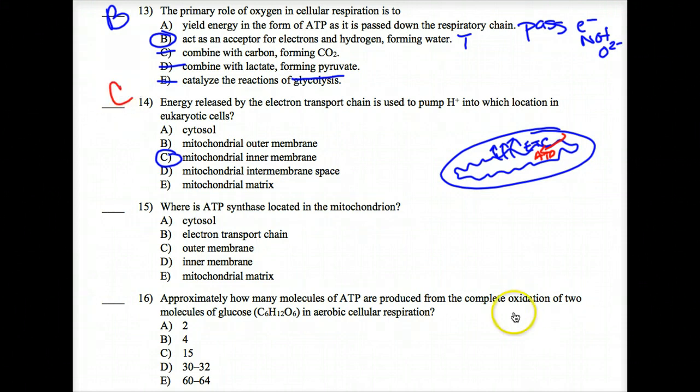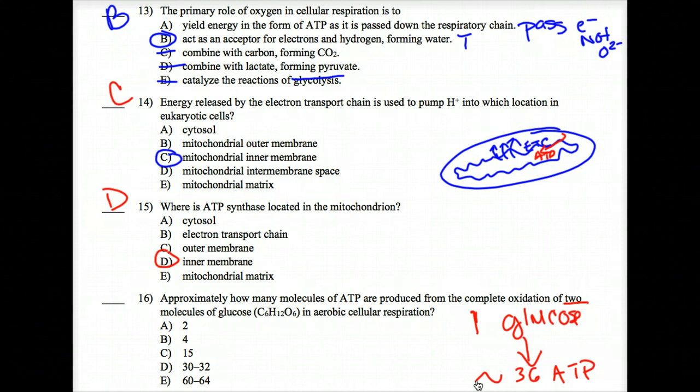So where's ATP synthase located in the mitochondria? It's located on the inner membrane. And then approximately how many molecules of ATP are produced from the complete oxidation of 2 glucose molecules? So 1 glucose gives you approximately 36 ATP.